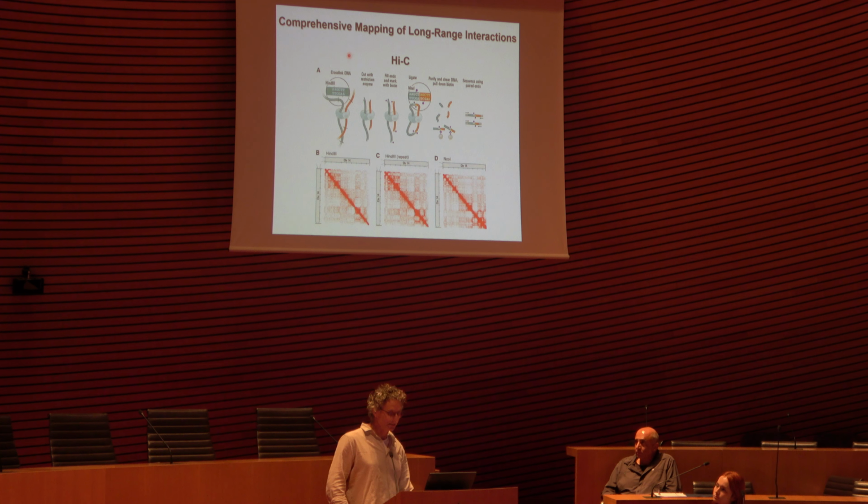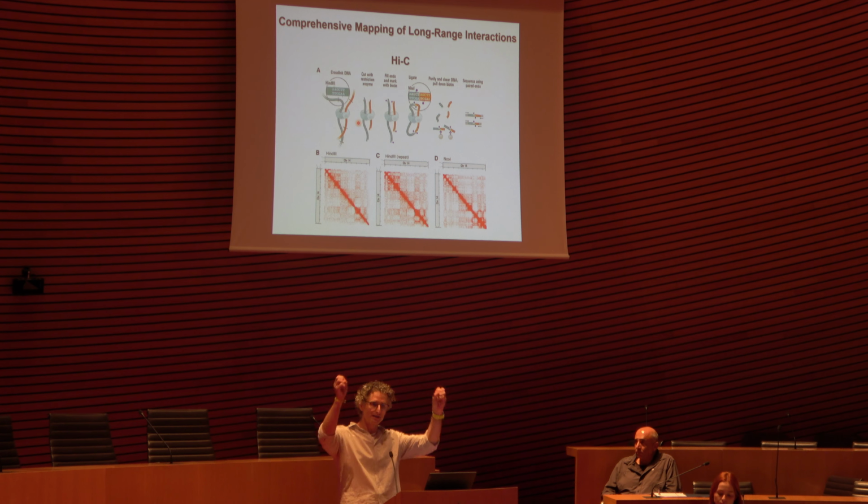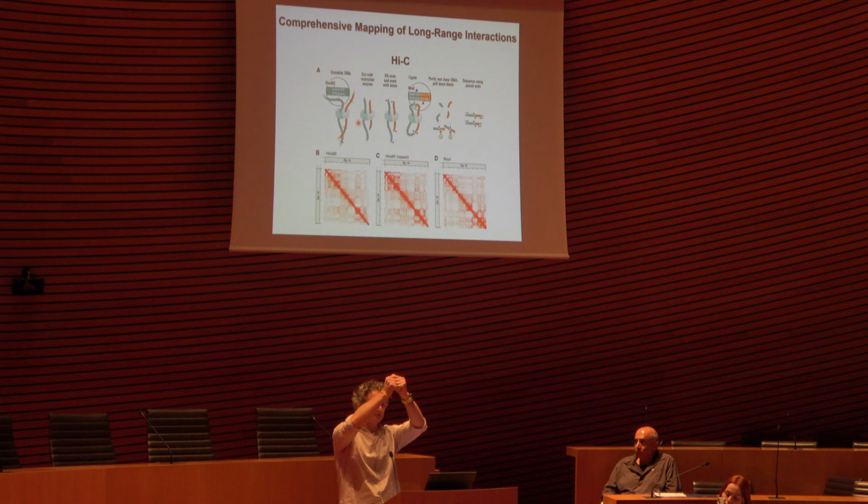I will just present here the idea, and I will not go over it. This is a method that allows us to find how the chromatin is organized in the cell, which element interacts with which element in the genome.